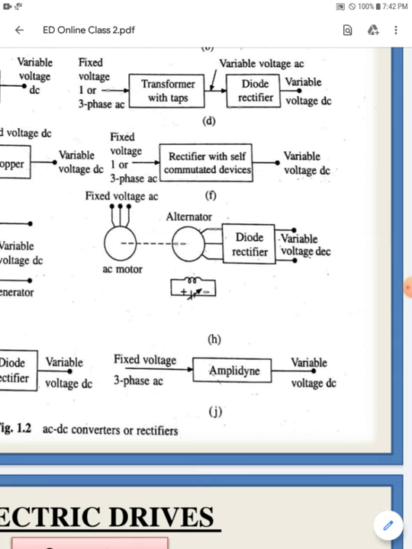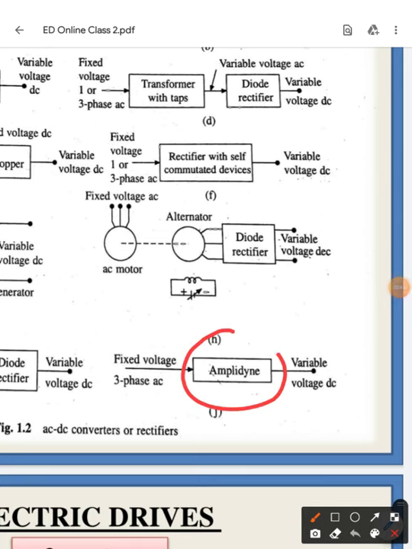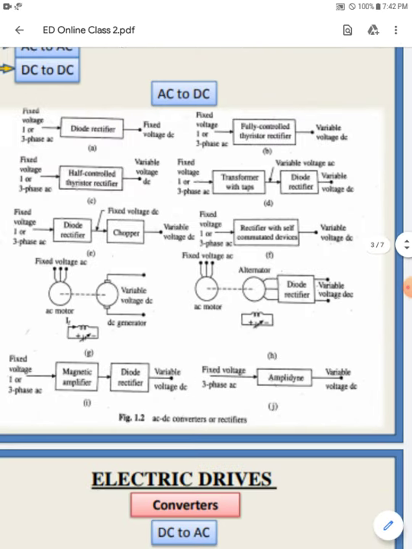Next one, a fixed voltage 3-phase AC is connected to the amplidyne machine, right? In this case also we will get variable DC voltages. So the voltage can be varied, it can go up, it can go down. So all are applications.